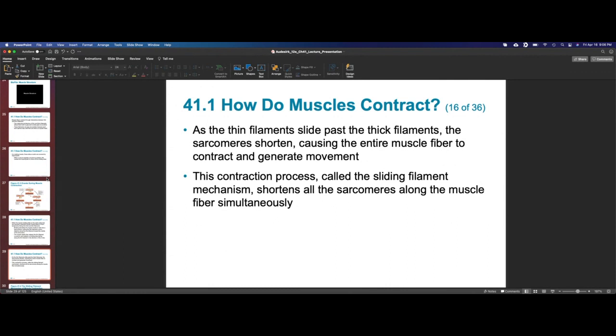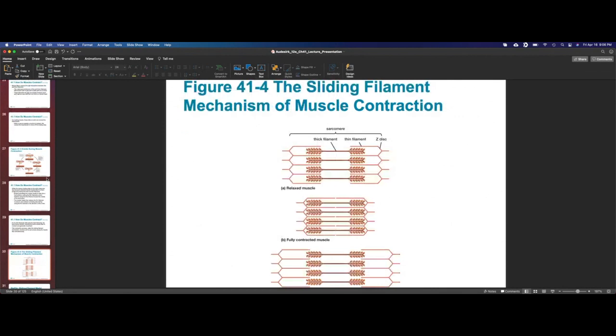One thing to note, as part of the contraction process, it's called the sliding filament mechanism. It shortens all these sarcomeres along the muscle fiber simultaneously. So here again, we have a representation of a relaxed muscle and a fully contracted muscle.